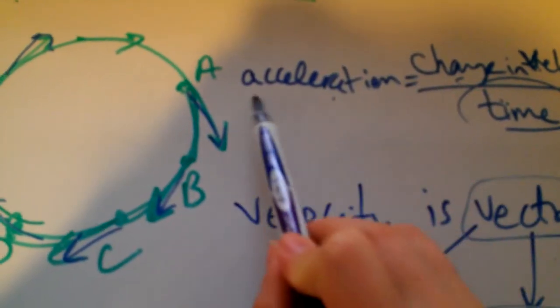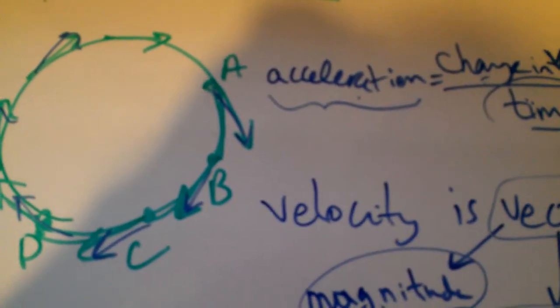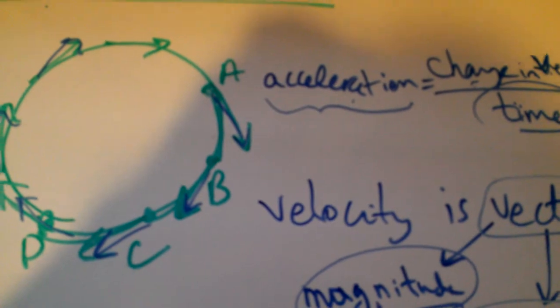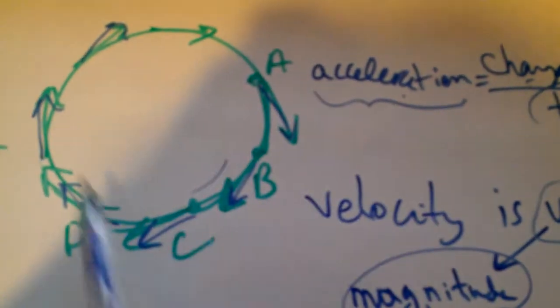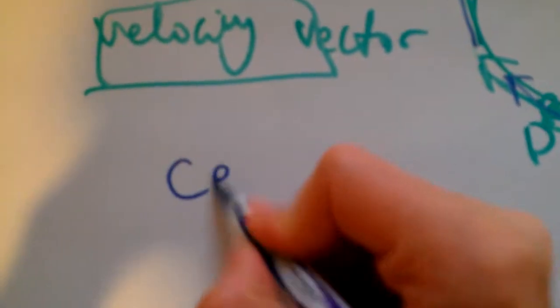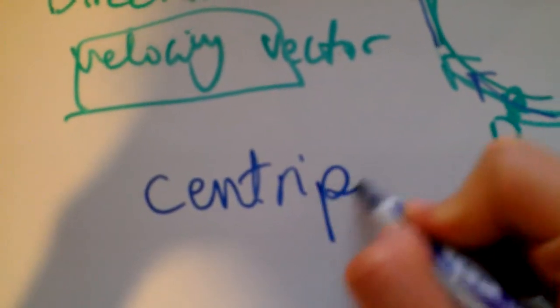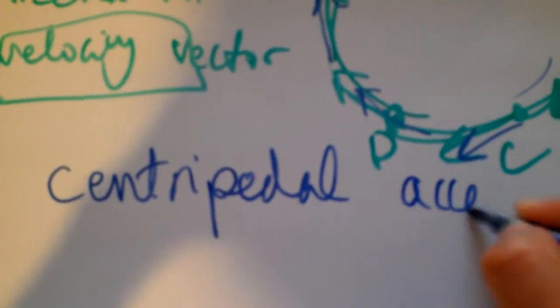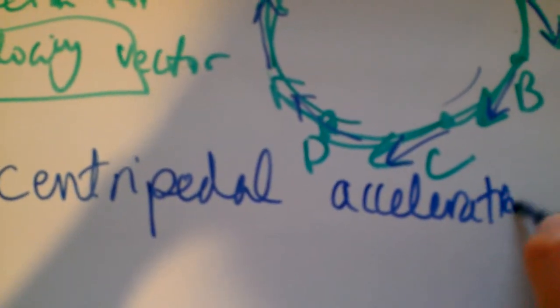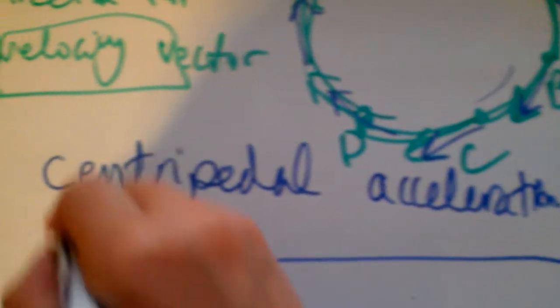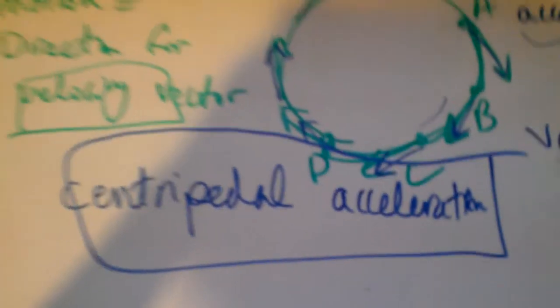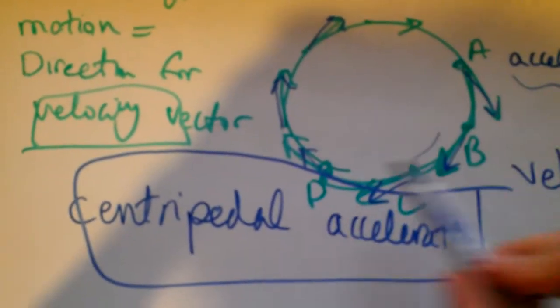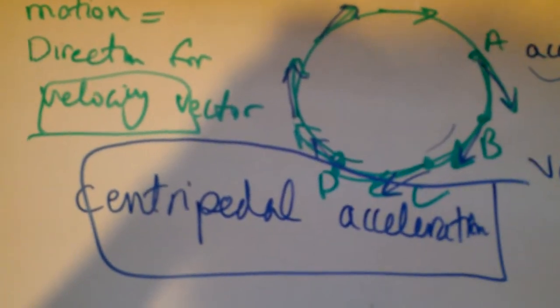Therefore, it still gives rise to some sort of acceleration. Acceleration for a circular motion is called centripetal acceleration. Centripetal acceleration is the acceleration of a body that moves in a circle.